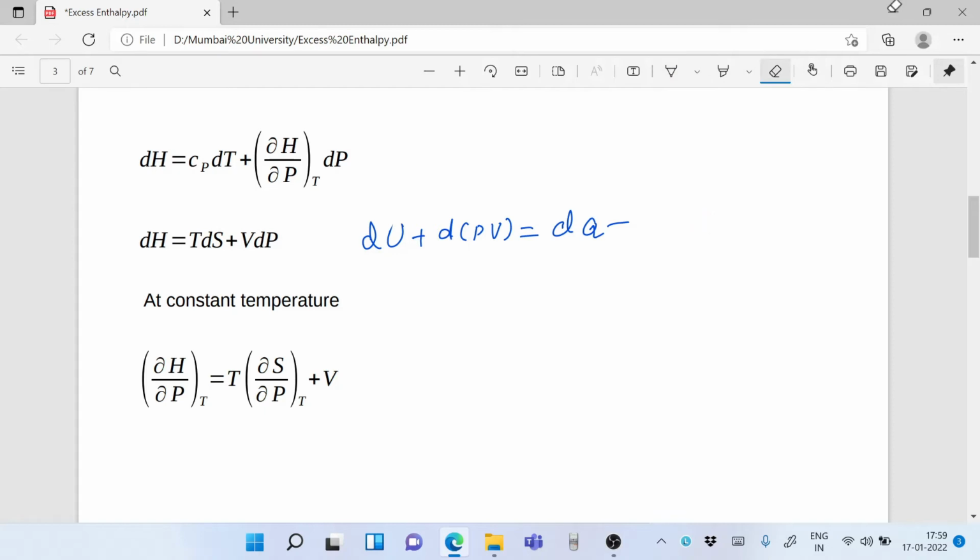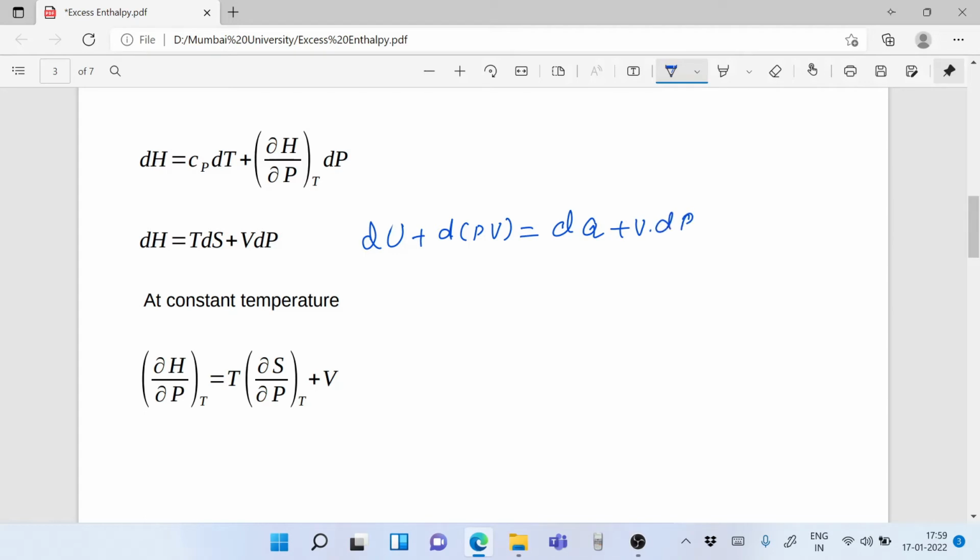I will get plus V dP, because minus PdV plus dPV will give you plus V dP. And now we can write this as dH is equal to T dS plus V dP. And this is the equation that I have written.